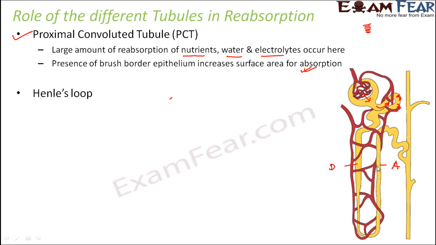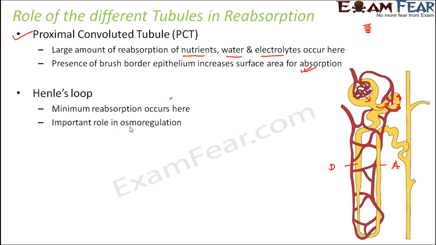The ascending loop allows passage of the electrolytes. Minimum reabsorption occurs here, not much reabsorption. However, they play a very important role in osmoregulation, that is, it maintains the water and ionic balance very well. Now, how does it do that?